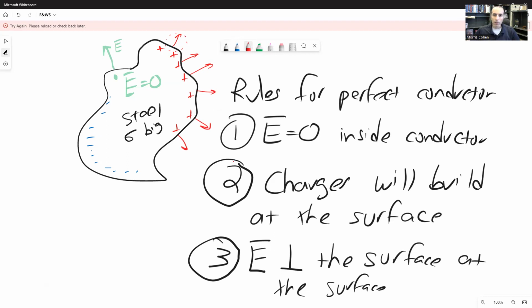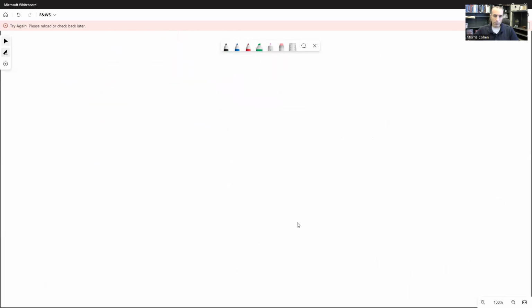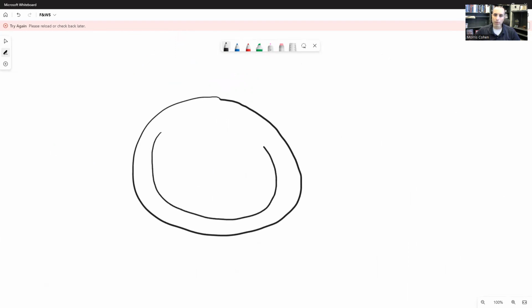As an example, I'm going to introduce you to something called a Faraday sphere or Faraday cage. Let's imagine we have this shell. It's a hollow shell, but the shell is made out of metal, a spherical shell as I've drawn it.